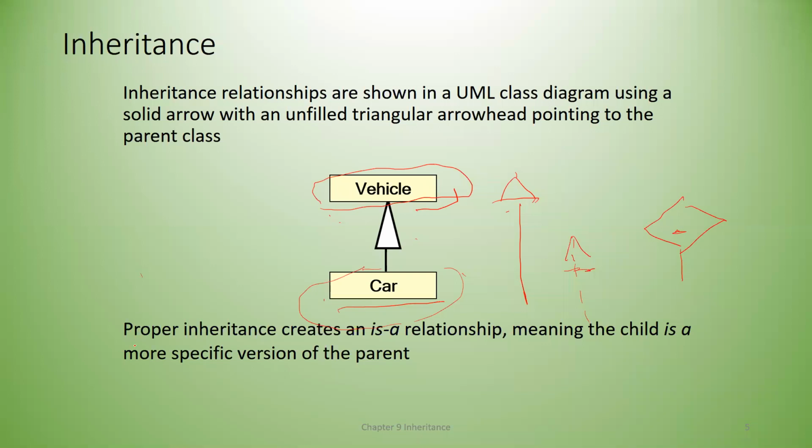Okay. Proper inheritance creates an is-a relationship, meaning the child is a more specific version of the parent. If you think about it, a car is a more specific version of vehicle, right? A vehicle is a very general transportation tool, but a car is an actual, more specific vehicle. And an SUV is a more specific vehicle.